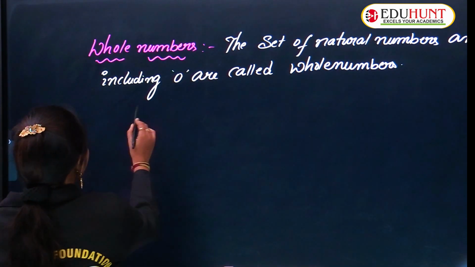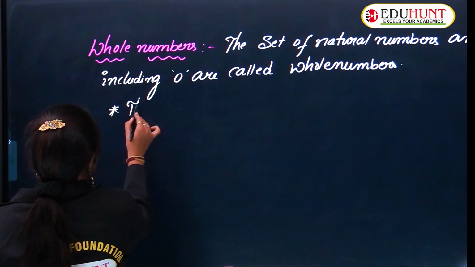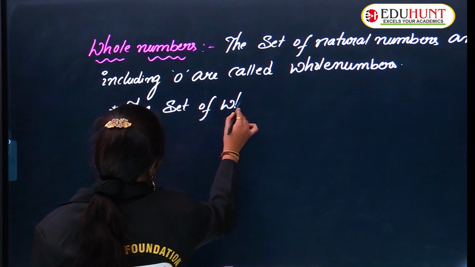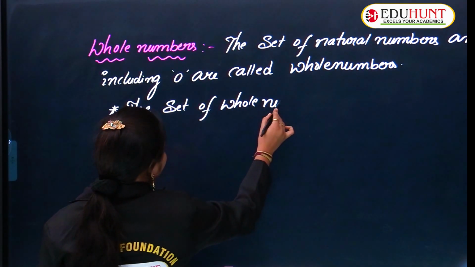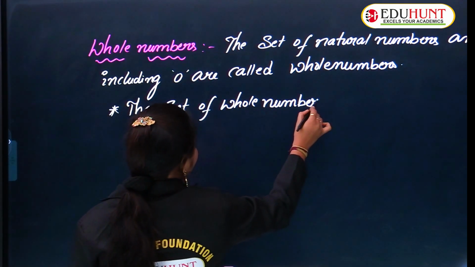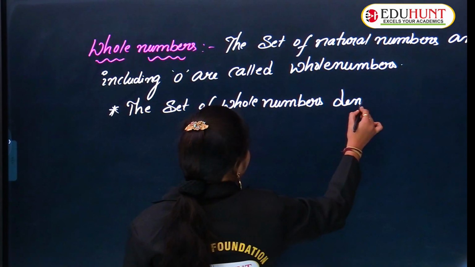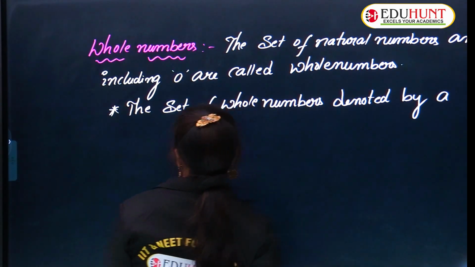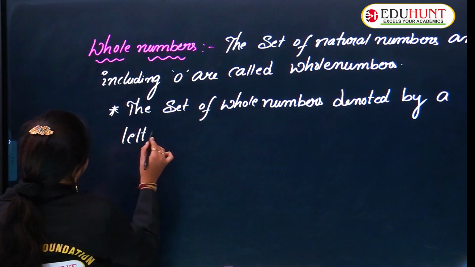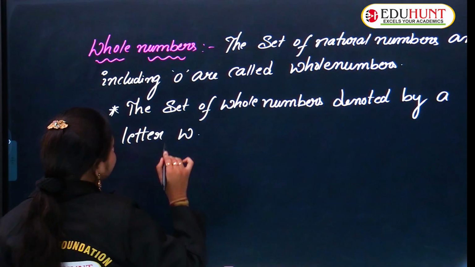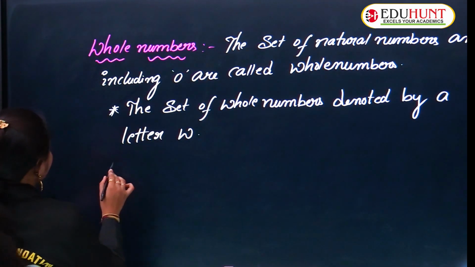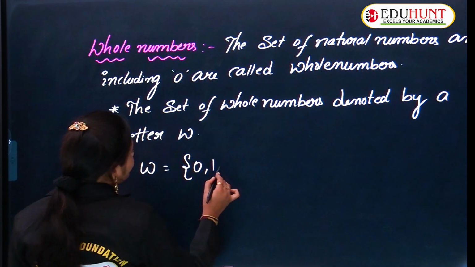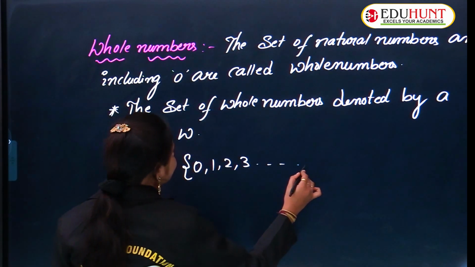Now here the set of whole numbers is denoted by the letter W. W is equal to the set of 0, 1, 2, 3 and so on.